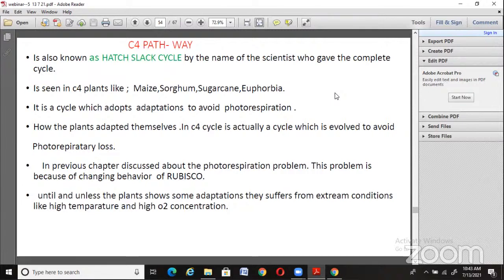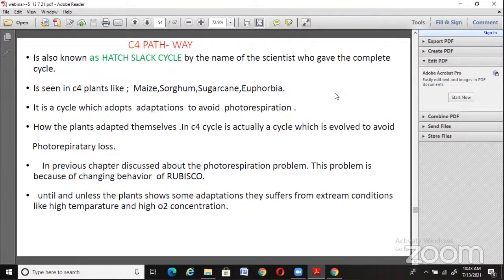Plants that exhibit C4 characters or C4 adaptations are called C4 plants. For example, maize, sorghum, sugarcane, and euphorbia. All these plants come under C4 plants, or they show some C4 adaptations.